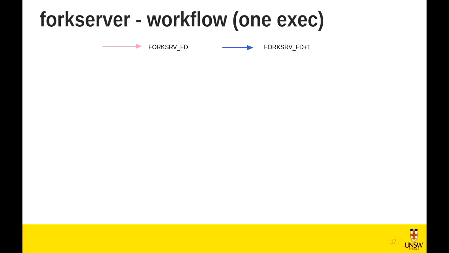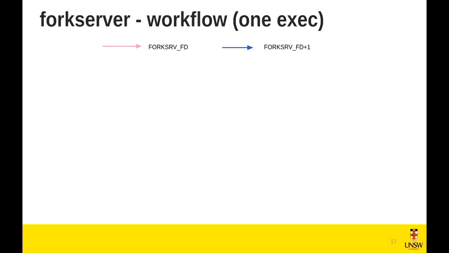Remember, AFL uses two pipes for communicating with the target program. The pink one is for AFL to send messages to the target program. And the blue one is used by the target program to send messages to AFL.